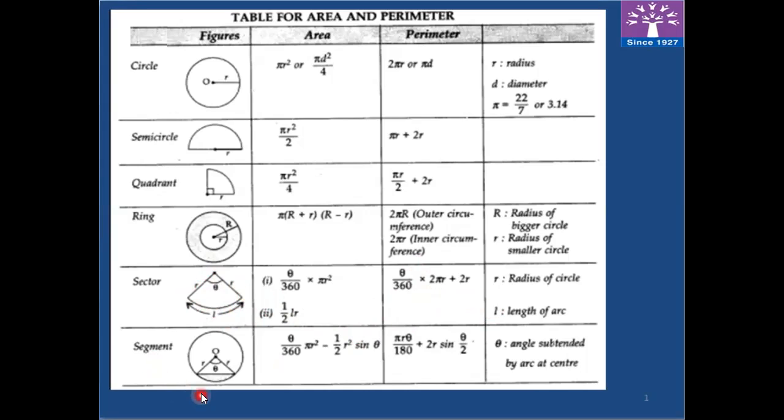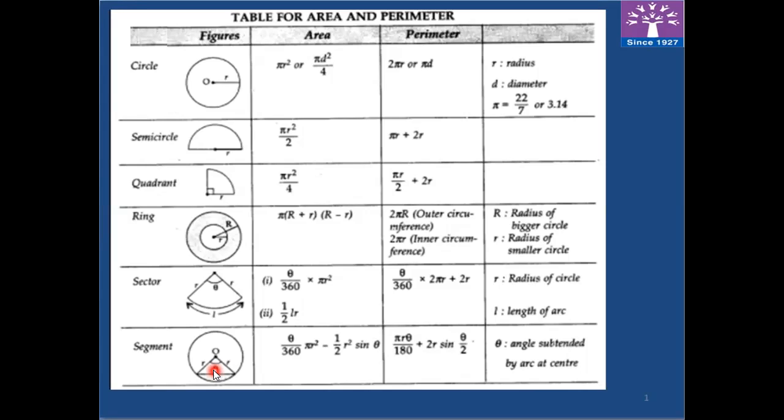In the case of a segment, this area becomes the segment area. The area of it can be found with the help of sector area minus triangle's area. Sector area that we know, pi r square theta by 360, minus triangle's area, which can be found in many ways. If it is an equilateral triangle, root 3 by 4 side square. If it's an isosceles triangle, then we can use Heron's formula, or by the Pythagoras theorem.